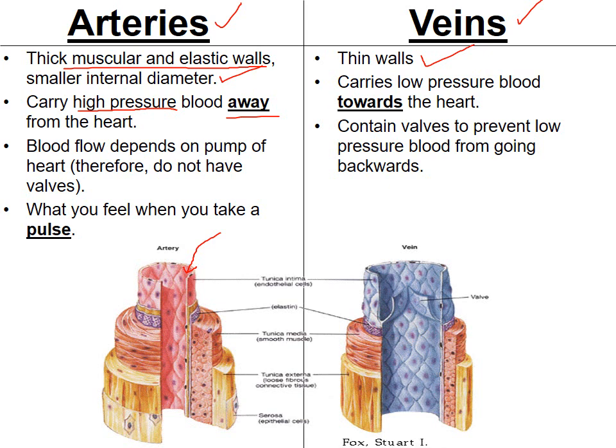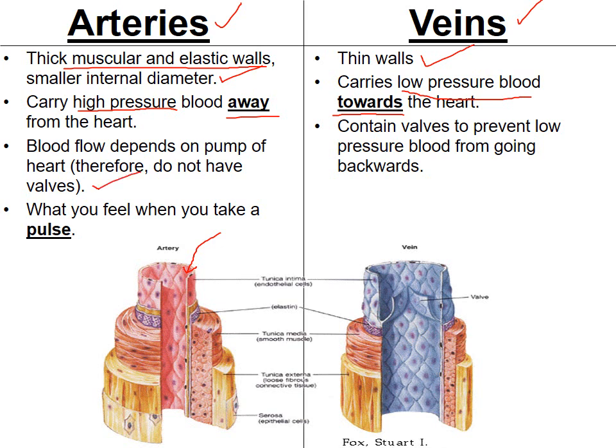The veins, on the other hand, they carry low pressure blood, and they carry that towards the heart. It's basically the vessel connected to the heart on the other side when the blood comes back and is slowed down. So it's kind of like at the end of a roller coaster ride. You slow down, you come back. So low pressure blood. And the blood flow in arteries depends on the pump, which is the heart.